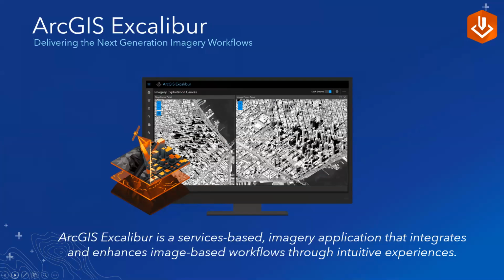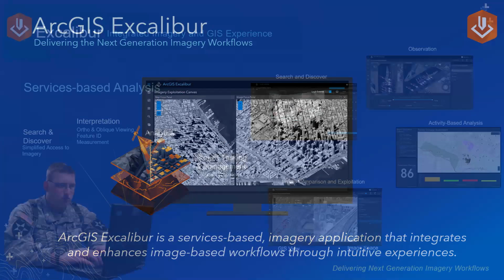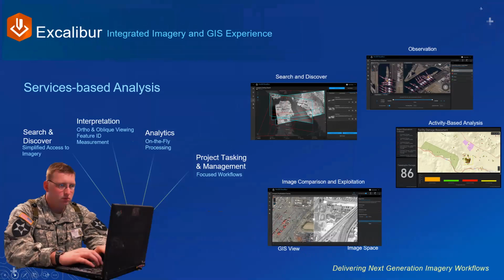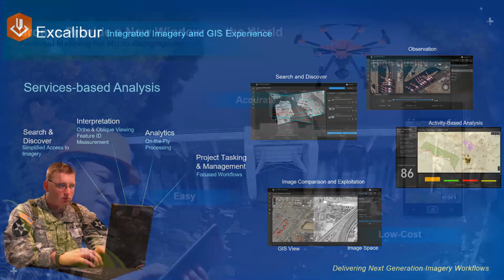But what it does do is provide this great visualization and ability to go in and work with the imagery, search and discover, look for it, make your observations, do some basic change comparison, and then actually populate different activities through an operational dashboard, whatever it might be. And Kyle's going to jump in and he'll show you those capabilities. It's a nifty little tool. It's very low cost. But it's something that we see will continue to grow for those individuals that don't need a full-up ArcGIS Pro to do their image processing work.